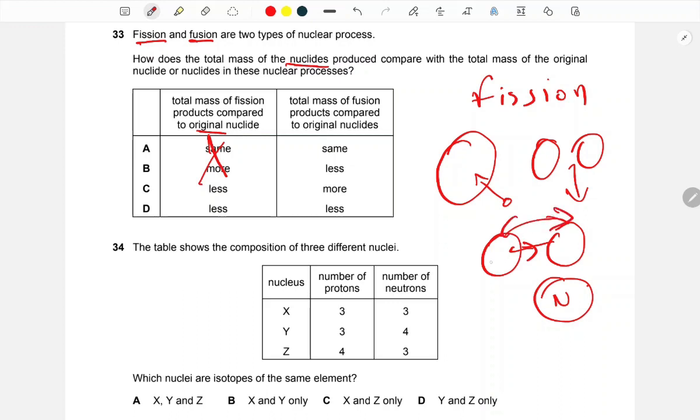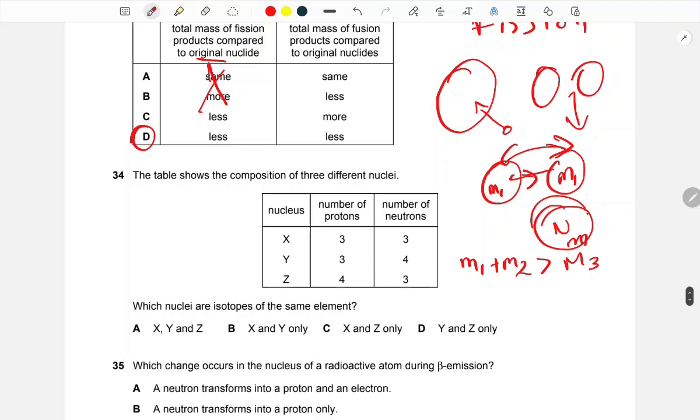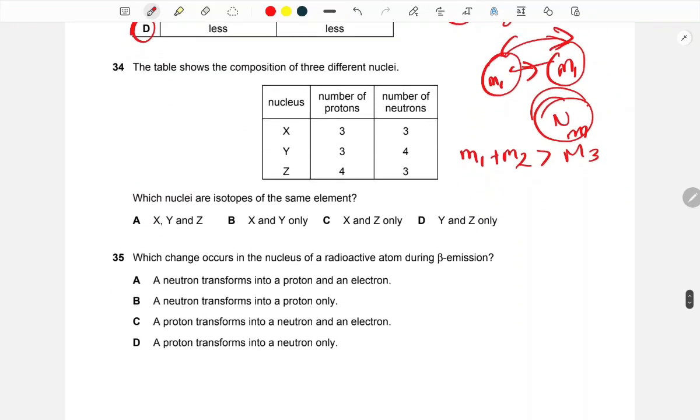So if we have M1 and M2, and this is M3, then M1 plus M2 is going to be greater than M3. Because in nuclear fusion, energy is released and some particles are also removed from the nucleus. So that means the mass is also going to decrease. So our option is going to be D. The masses of the products are going to be less compared to the original ones.